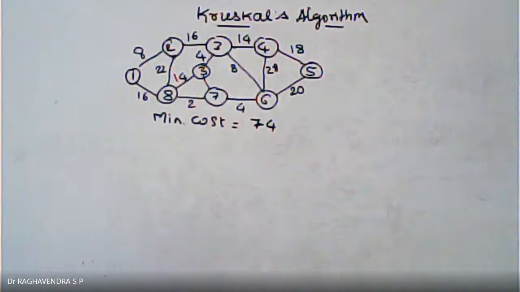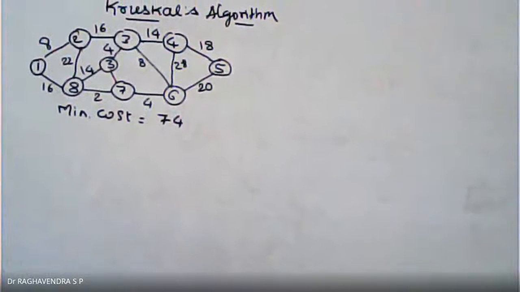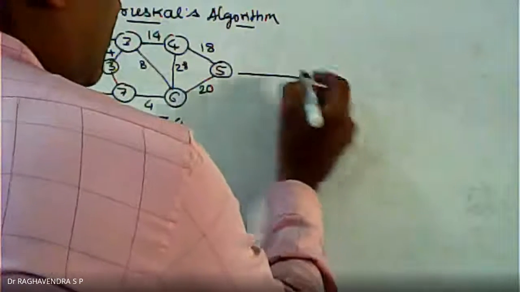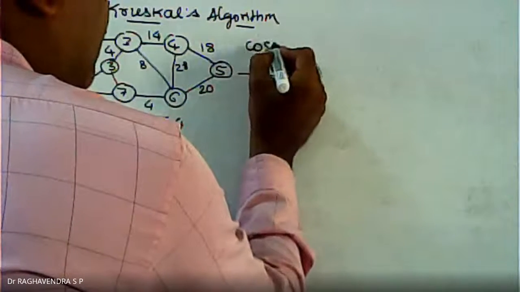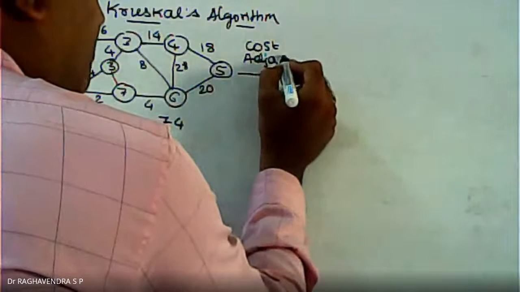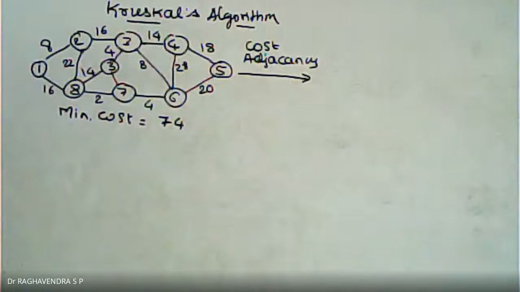Okay, now we have to convert this graph into what matrix? Cost adjacency matrix. What is the dimension of this matrix?